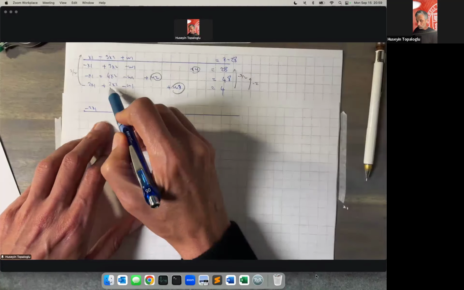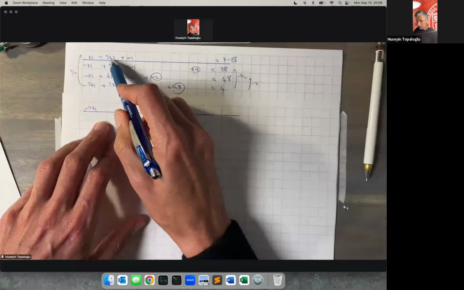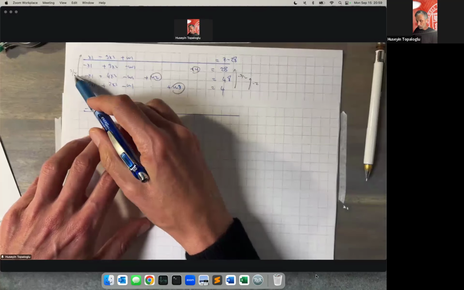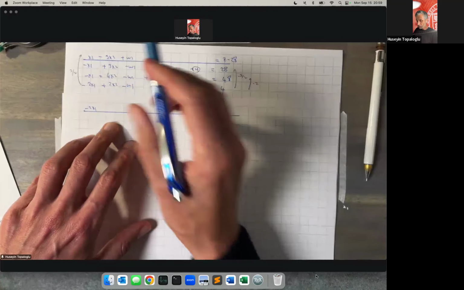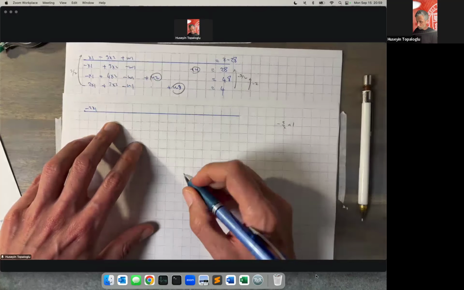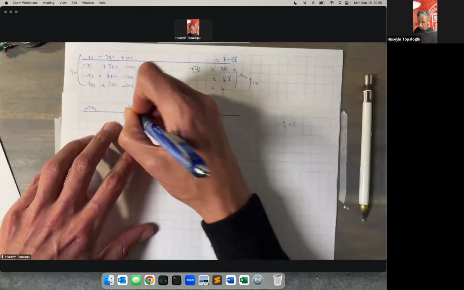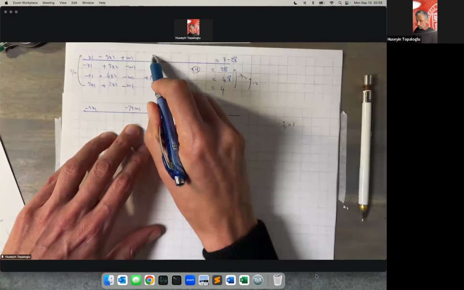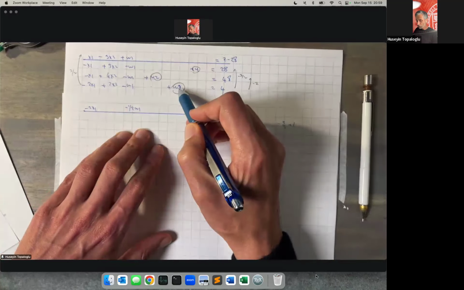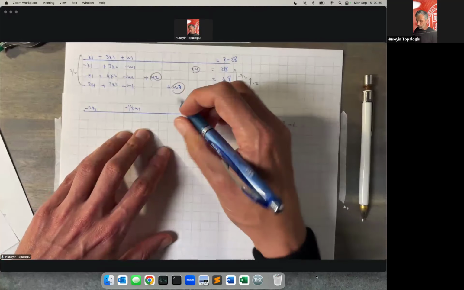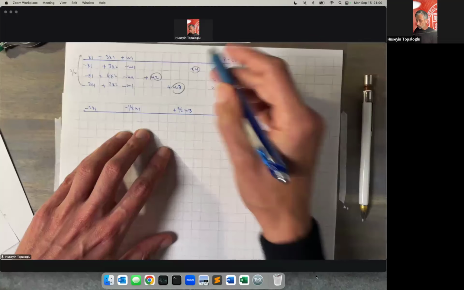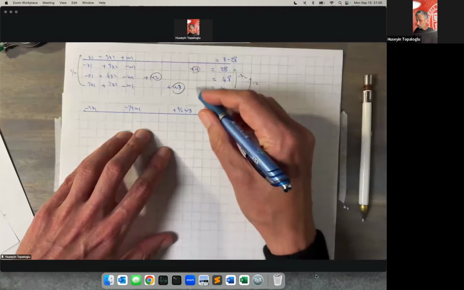Let's keep going. 2x2 times 3/2, 3x2, minus another 3x2, x2 goes away, that's what we're trying to do. Minus w1 times 3/2, minus 3/2 w1, plus another w1, minus 3/2 plus 1, that is going to give us minus 1/2 w1. No w2, so we're going to have no w2. w3 times 3/2, 3/2 w3 plus 0 w3, that's going to be 3/2 w3. No u, we're not going to have any u here anymore.